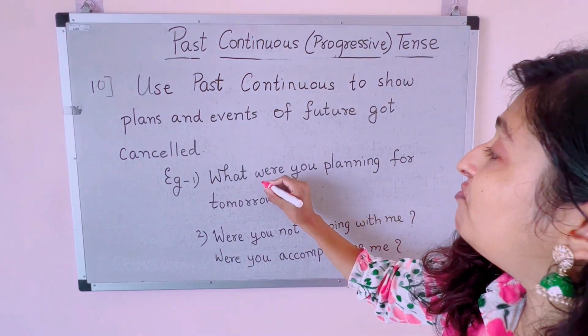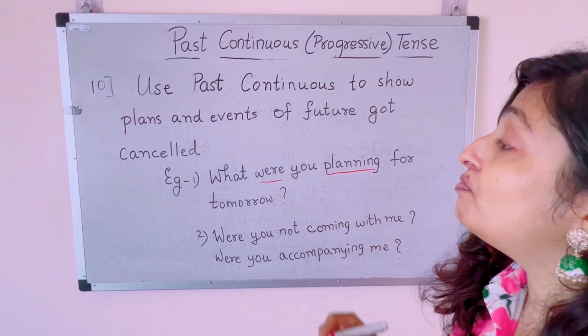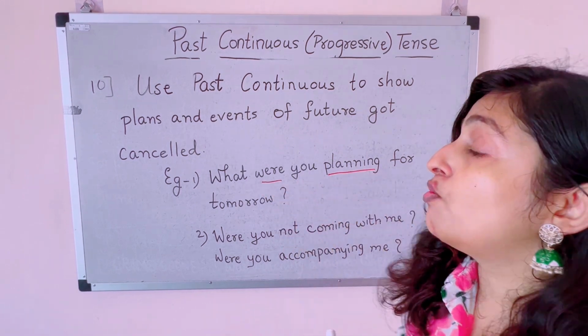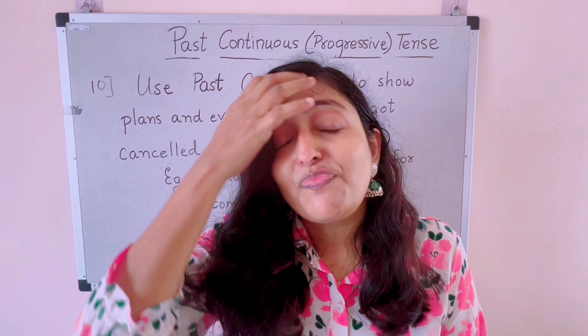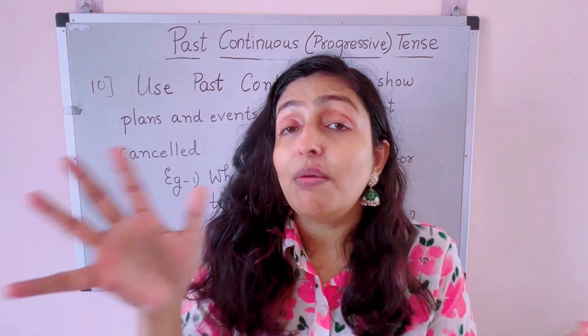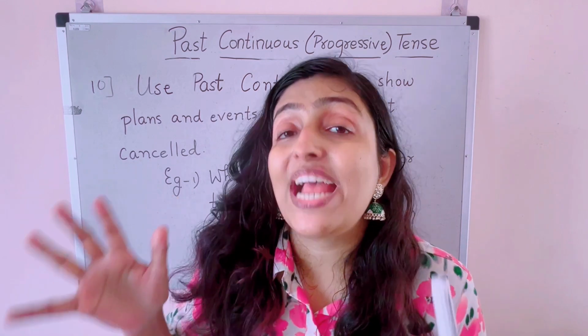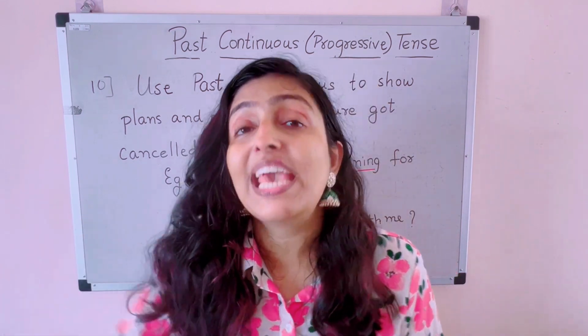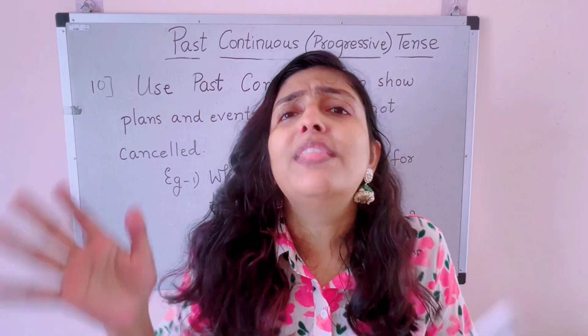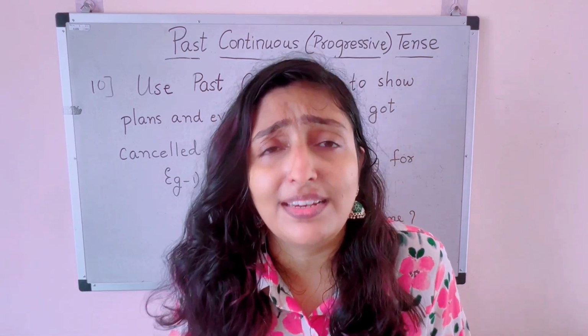Example, what were you planning for tomorrow? Imagine that you and your family had all made the preparations to attend a wedding for the next day. And you come to know suddenly the day before that the wedding has got cancelled.